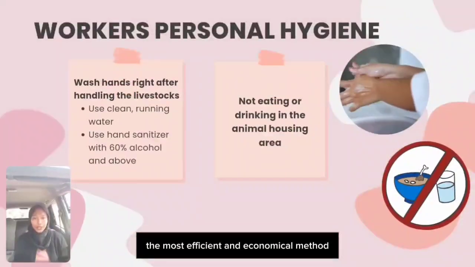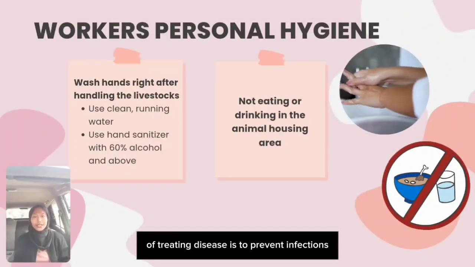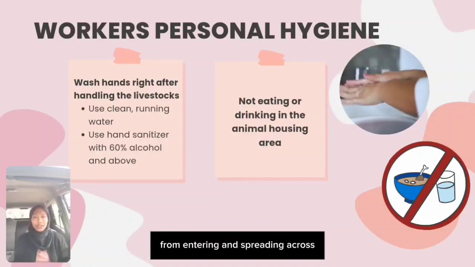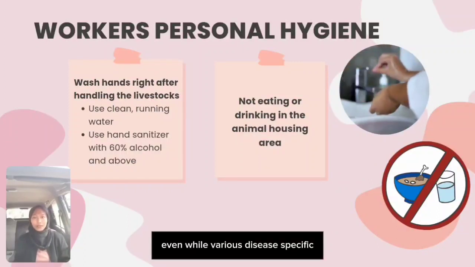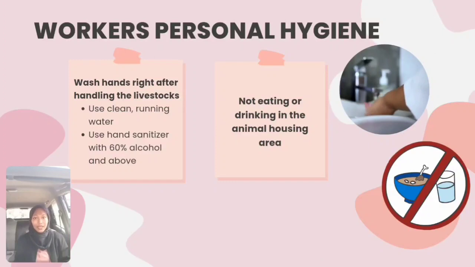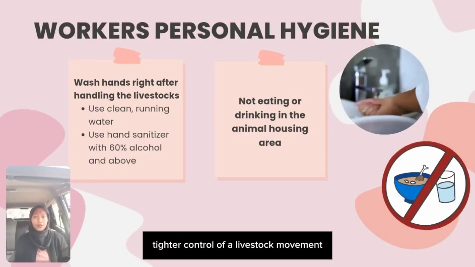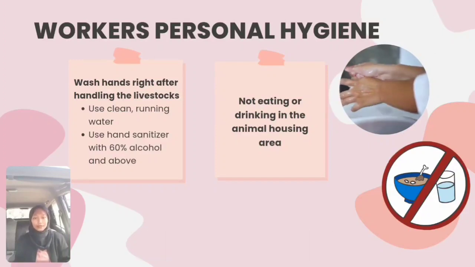The most efficient and economical method of treating disease is to prevent infections from entering and spreading across the livestock populations. Even while various disease-specific management strategies exist, tighter control over livestock movement can offer broader protection.